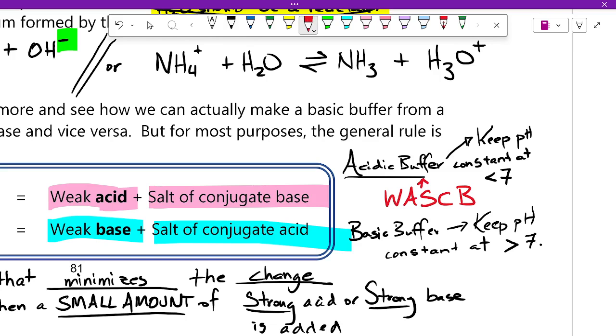And that one is going to be made of WBSCA. And that's almost all there is to know, other than the fact that you need a high concentration of both things.